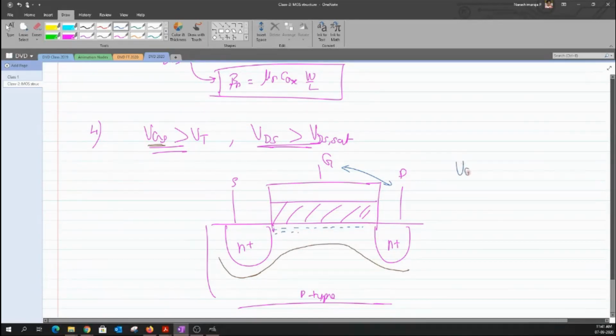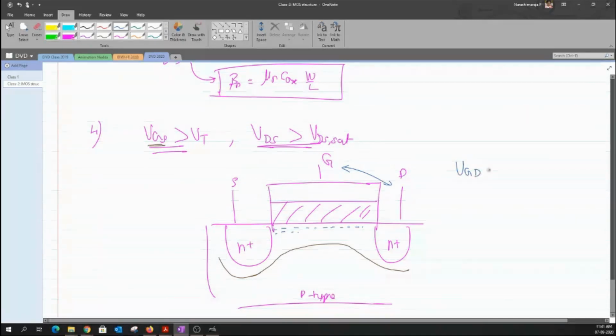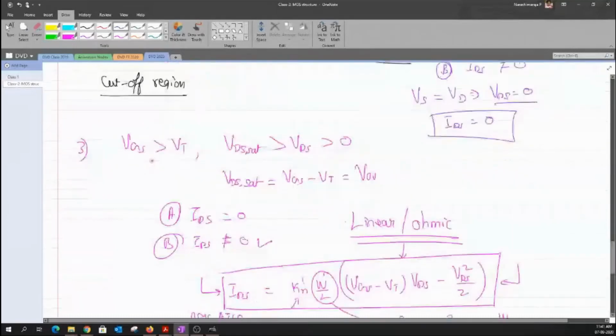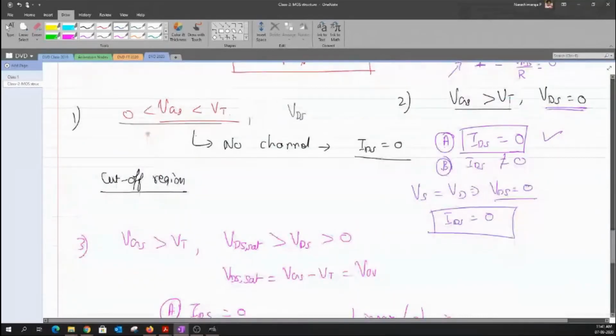So when the value of VGD becomes less than the value of VT, it is similar to what happened when we had the cutoff. In cutoff, whenever VGS is less than VT, we said that there exists no channel from source to drain end.